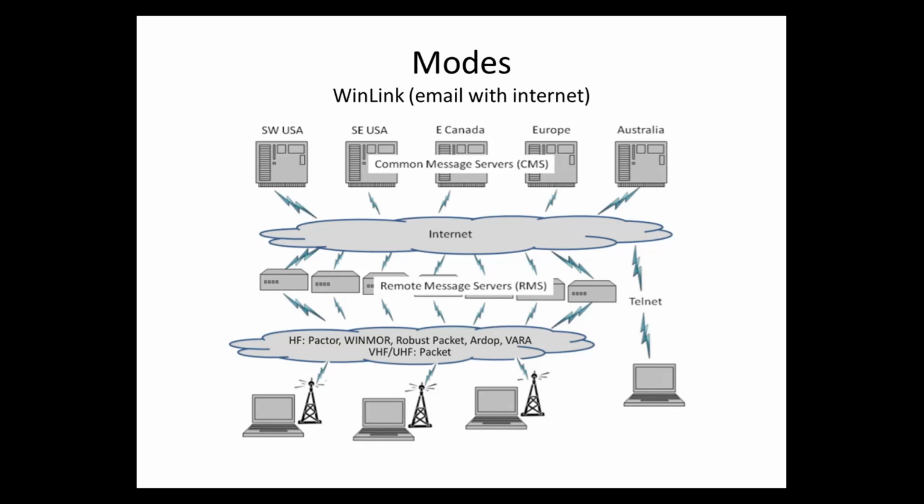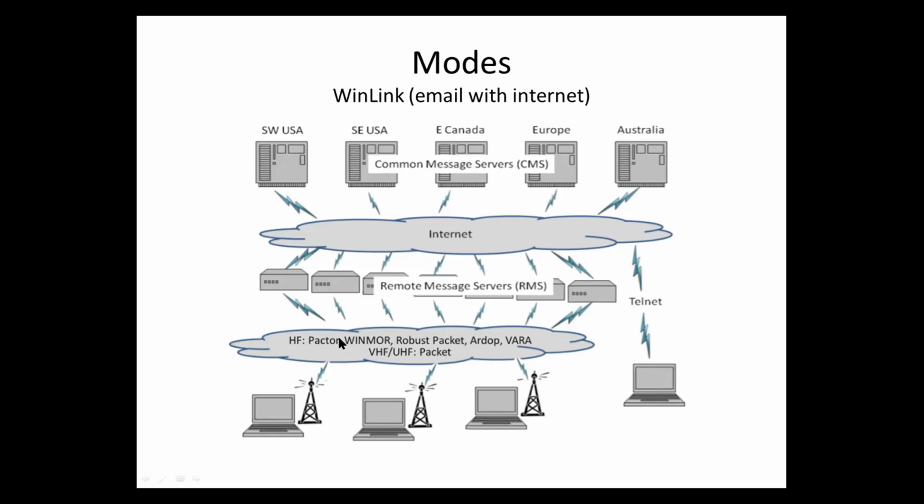Now, it's called WinLink, and it can be set up to do email with the internet. And the way that would happen, if you're doing it with the internet, is a station would be running this WinLink program. And if we have time, I'll pop it up on the radio's computer. And it'll transmit by various modes an email message that goes through.